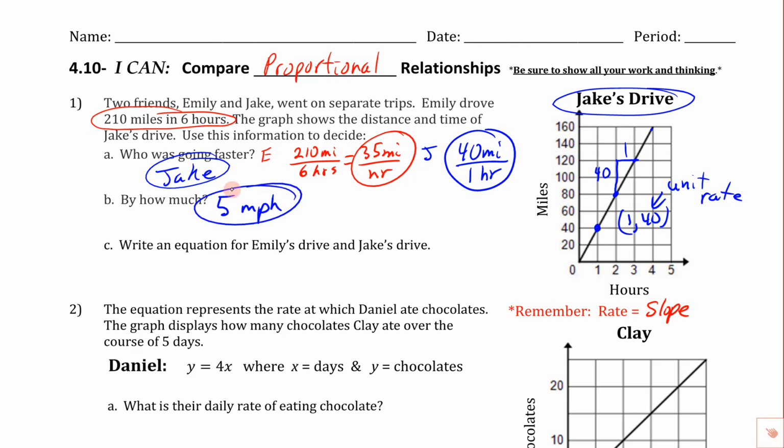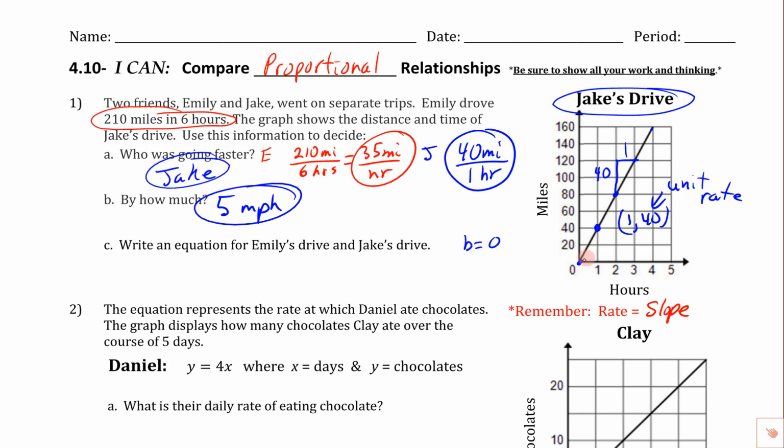Okay. And then it says write an equation for Emily's drive and an equation for Jake's drive. Well, let's do Jake's drive first, because that's a little bit easier. We've already identified what the slope is, and we can look at this and tell what the y-intercept is. Now again, because this is proportional, no surprise that the y-intercept is 0, so I'm going to put a b of 0.